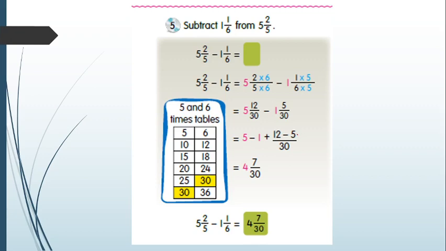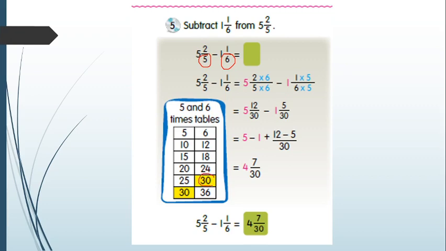Right. Next one here is subtract 1/6 from 5 2/5. Okay, in this one the denominator is not the same, so you have to find the common denominator by using the CFA or multiplication facts.